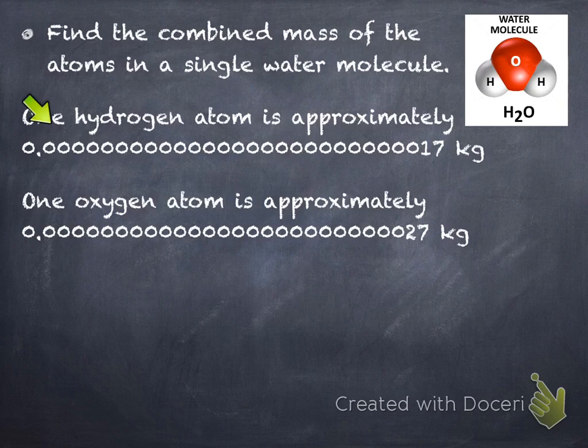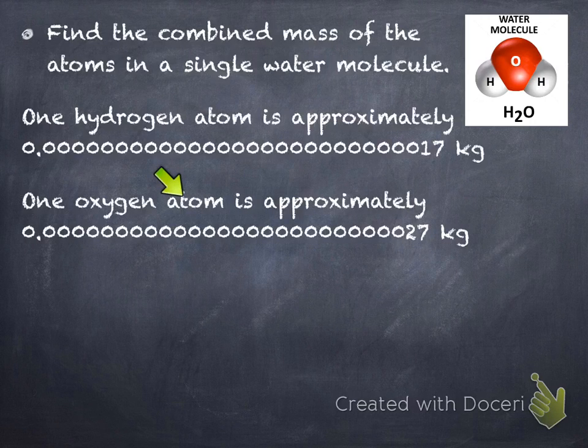All right, so we're given the mass of a hydrogen atom, and it's this number. Notice the decimal point here, and then a whole bunch of zeros, and then some digits down here, and then an oxygen atom. So it'd be useful to know the order of magnitude of these two numbers. Okay, so the oxygen atom is actually a bigger number.